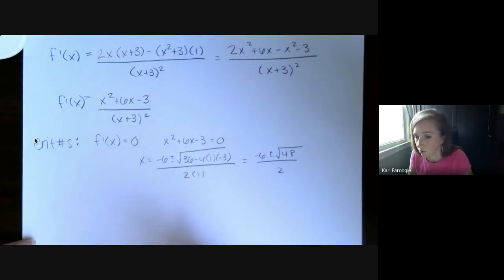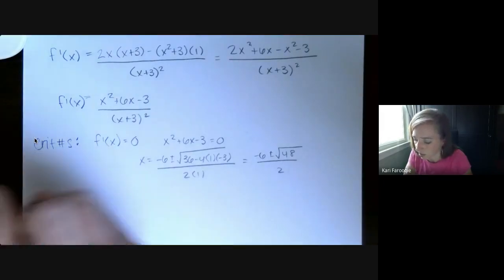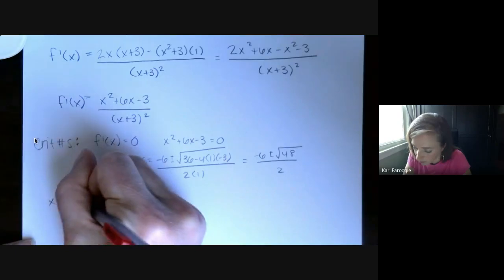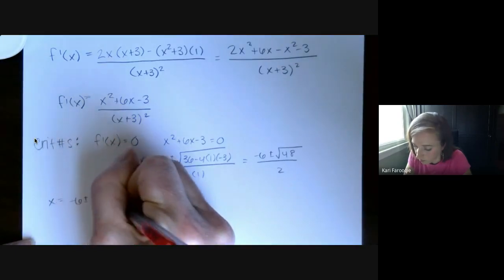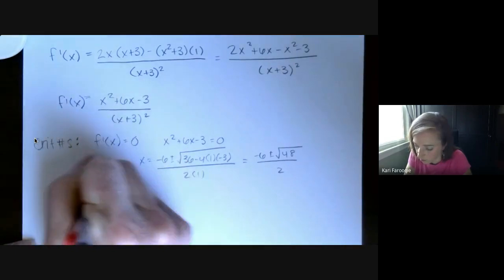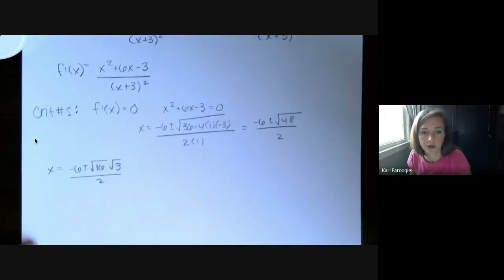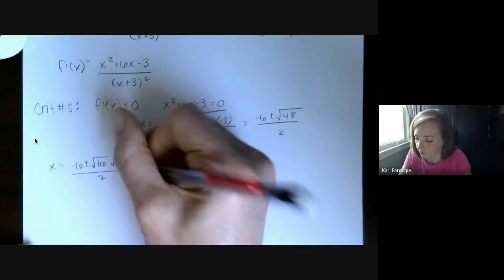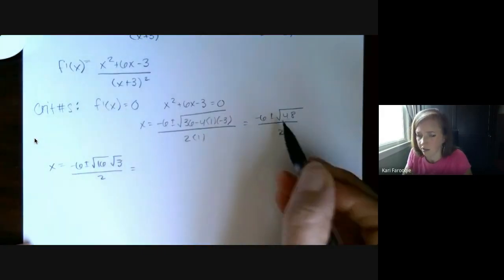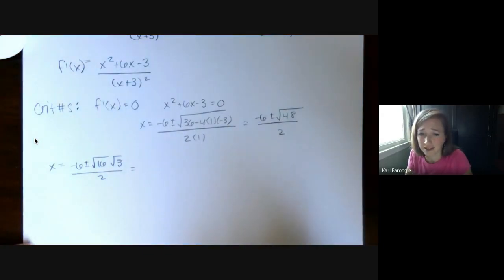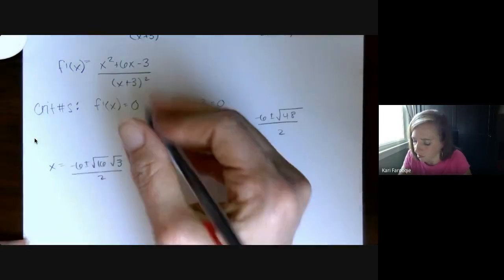You should use the biggest one, otherwise you're going to have to simplify this again. -6 plus or minus the square root of 16 times the square root of 3, divided by 2. 16 times 3 gets you to 48. And I'm doing this so that I can simplify this value. I guess technically, whether it's simplified or not, you can get an approximation, but I like your answers to be simplified.